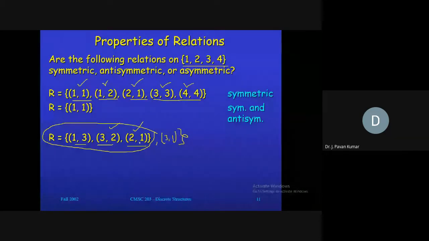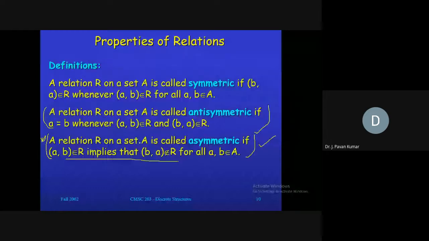Let us refer to the definition again. If (A, B) belongs to R, then (B, A) does not belong to R, then we can say it is asymmetric. For every pair (A, B) belonging to R, (B, A) should not belong to R. Only then can we consider it asymmetric. If for every pair (A, B) belonging to R, (B, A) also belongs to R, then we can consider it symmetric.